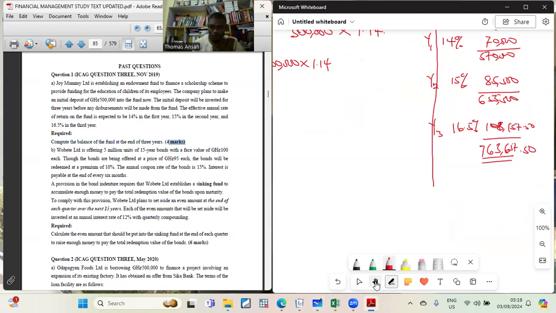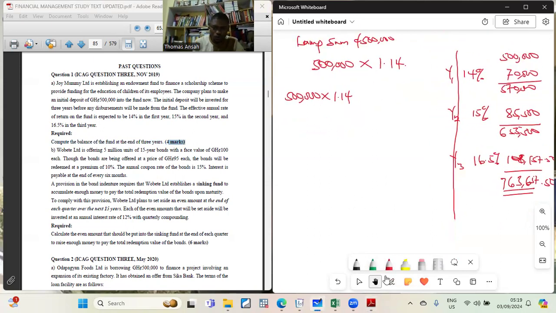All right. But you see, you can as well go into this one and multiply it again by 1.15 and then multiply by 1.165. All right, 16.5%. I think you should get the same answer, because when you multiply this one by this one, is this one you are getting.